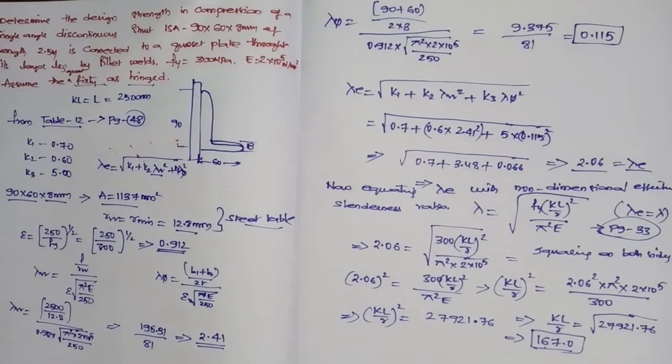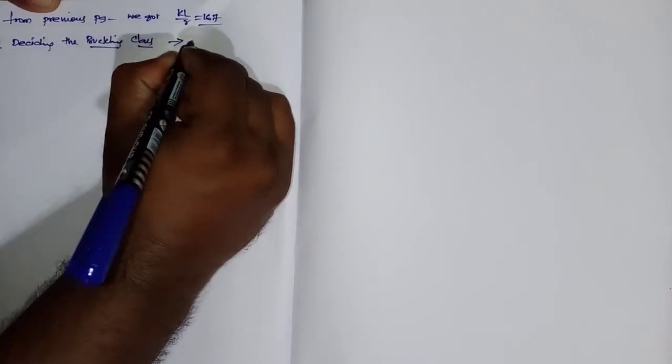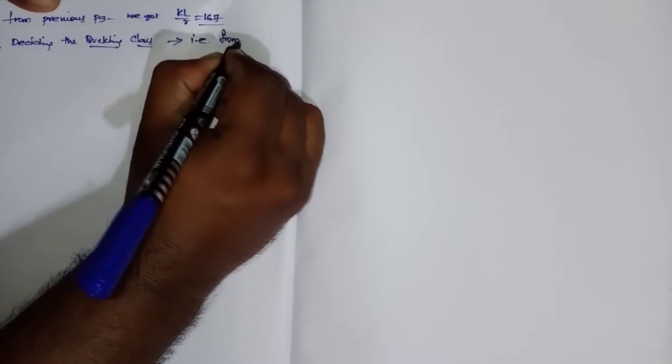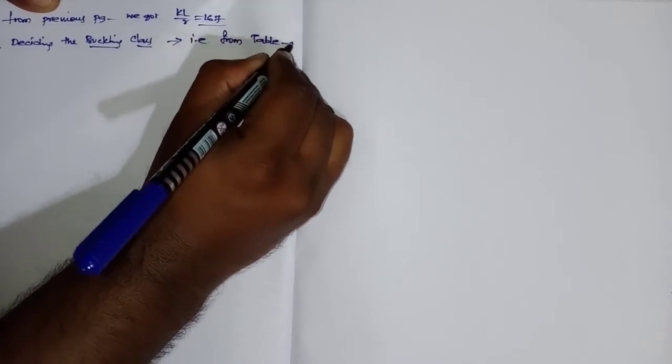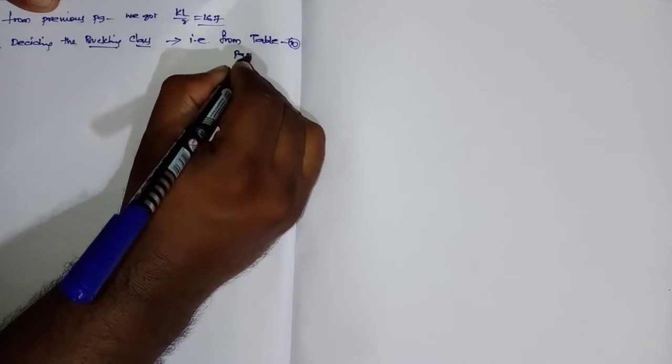Next, from the previous page we got KL by r as 167. Now deciding the buckling class, what we decide is from table 10, page number 44.